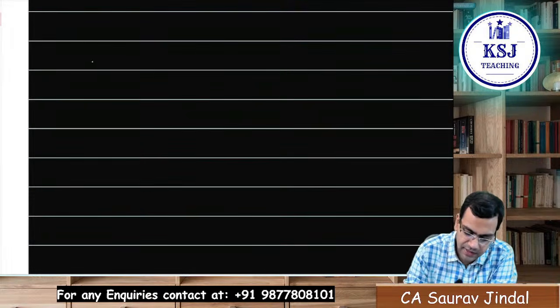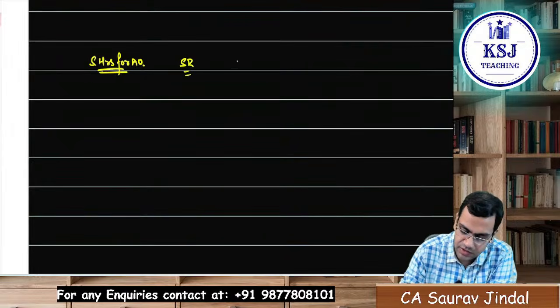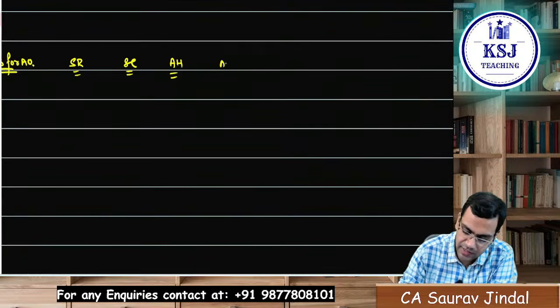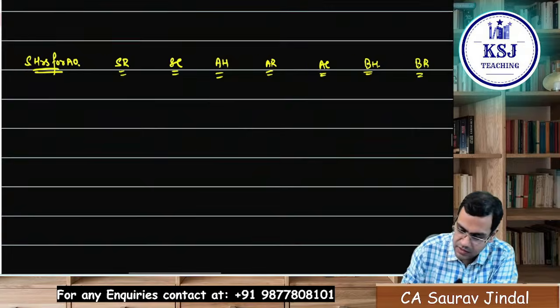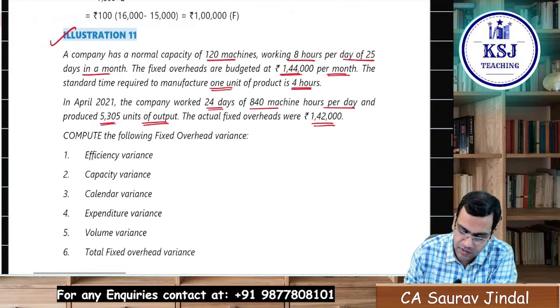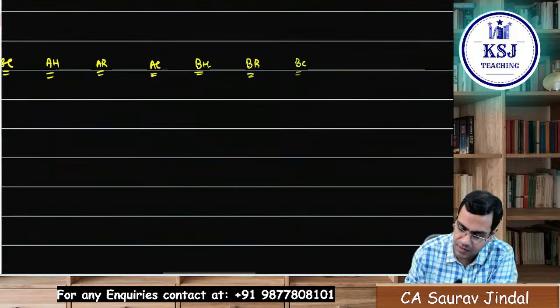So we'll be making standard hours for actual output, standard rate, standard cost, actual hours, actual rate and actual cost, budgeted hours, budgeted rate and budgeted cost. So what is given to us? First of all, the budgeted overheads are given to us, that is 1,44,000. 1,44,000 is the budgeted cost. What about the budgeted hours?